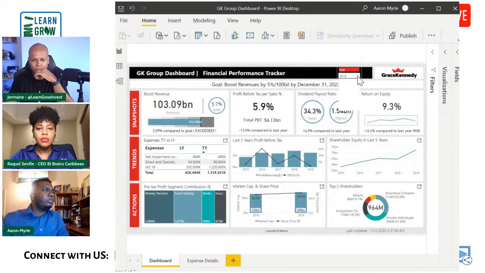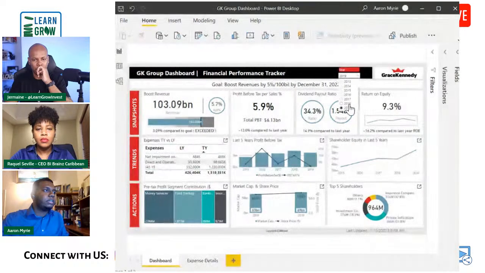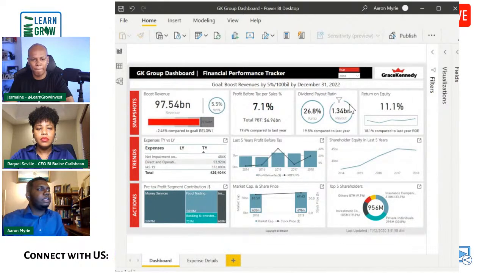You can also view past year's report. There were sufficient data to supply for last year. So if we change to 2018, we're able to see 2018 report with the same view and the same goal.